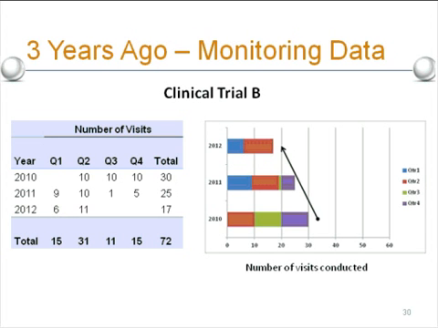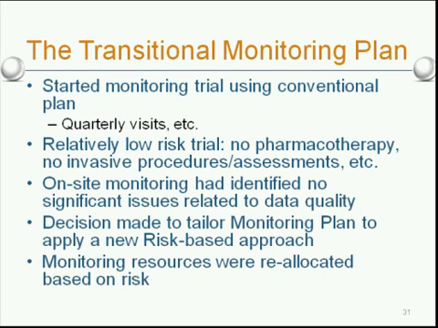The trial went on for about 2.5 years. During that time, you can see the number of visits that we conducted were a little bit heavier in the beginning and a little bit less towards the end. Part of this is because of a change in the approach that we took to assessing the risk of the trial.